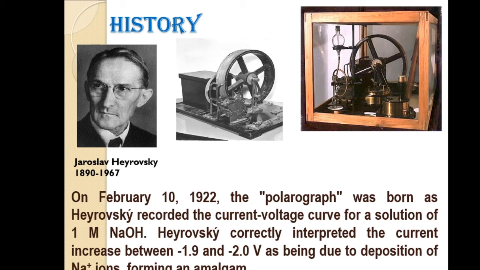Although it is quite different from voltammetry, this discovery led to the development of the voltammetric field. Heyrovsky correctly interpreted the current increase between -1.9 and -2 volts as being due to deposition of sodium ions forming an amalgam. An amalgam is a solution of a metal in mercury.